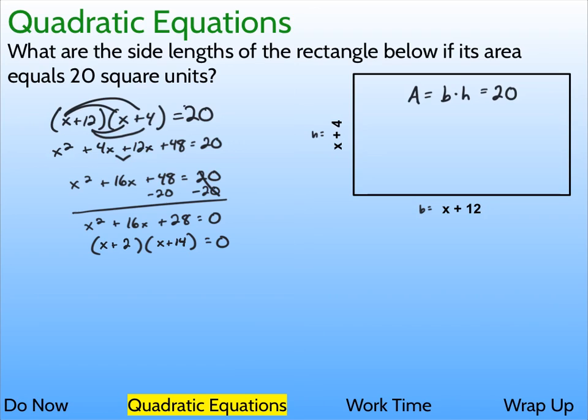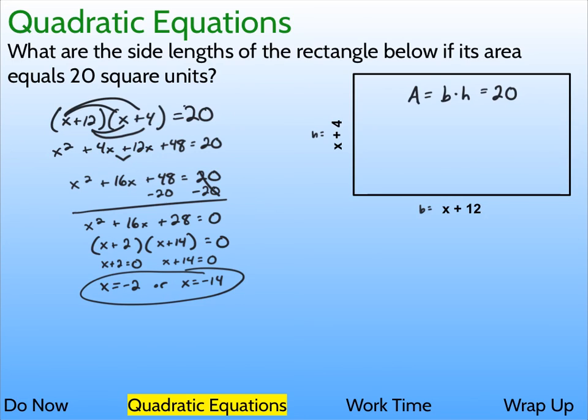Cool. So in order to do this now, we're going to set each factor equal to 0. So we're going to do x plus 2 equals 0 and x plus 14 equals 0. We subtract 2 on the left here, and we get x equals negative 2. Or we subtract 14 over here, and we get x equals negative 14. So these are our two possible answers.